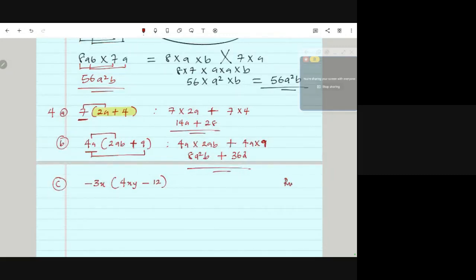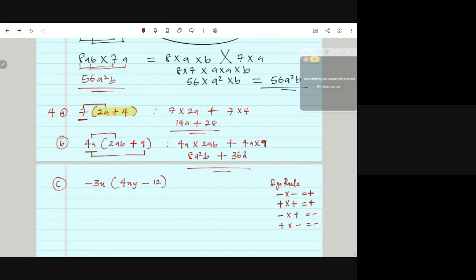So the sign rule: we have minus times minus gives us a plus, plus times plus gives us a plus, minus times plus gives a minus, plus times minus gives a minus.